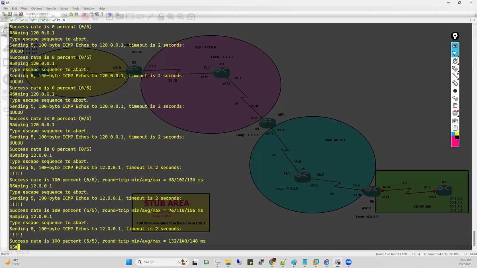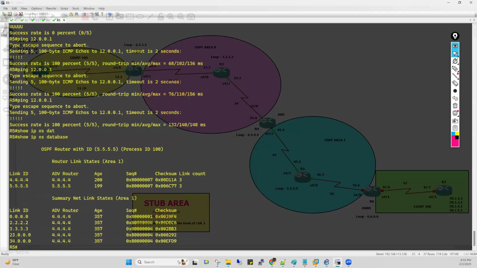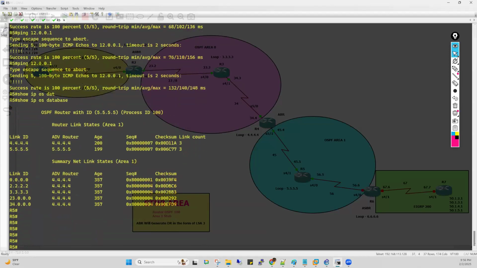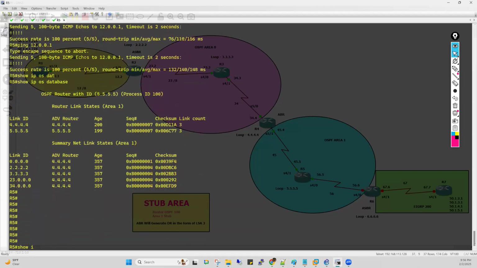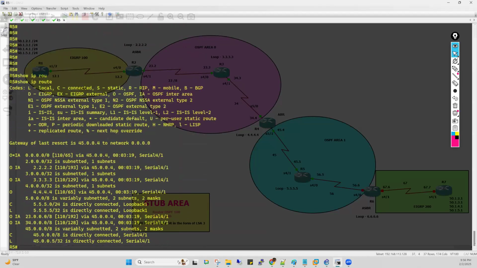Why? Even in show IP OSPF database, LSA number 5 is not there, but still we are able to ping. See here, guys, very carefully.